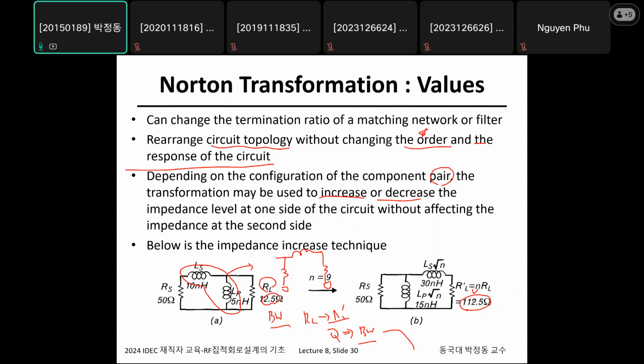I think this is wrong. This figure must be opposite. So I think this must be 112.5, and this must be 12.5, but this is not that important, and the basic idea is the same.